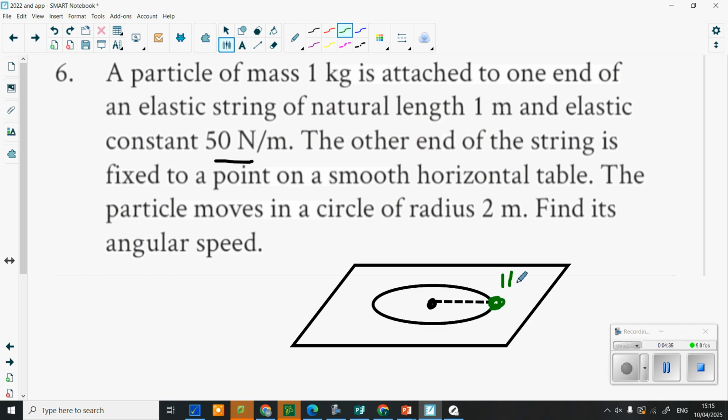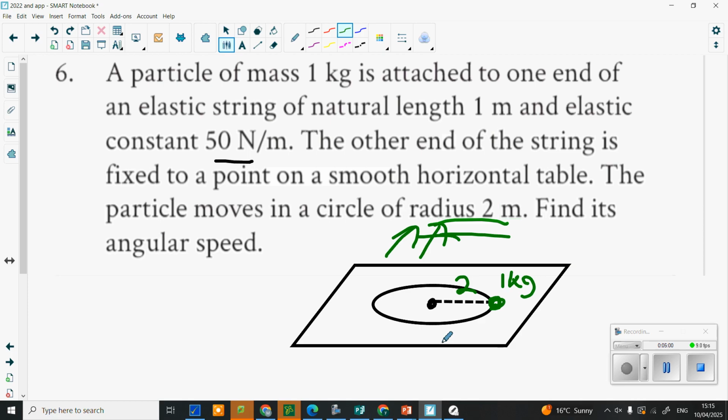A 1 kilogram mass. You go with that? What's the radius? What's the radius of the motion? Meters? Okay.